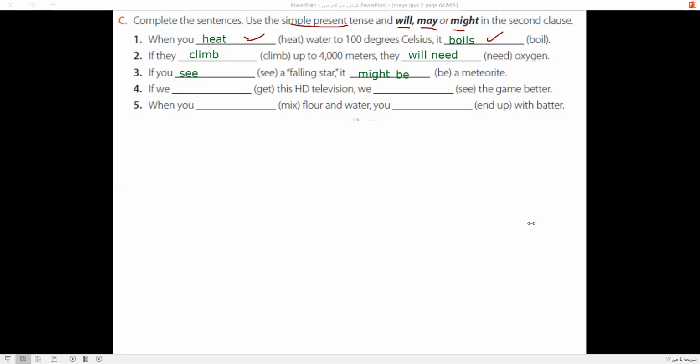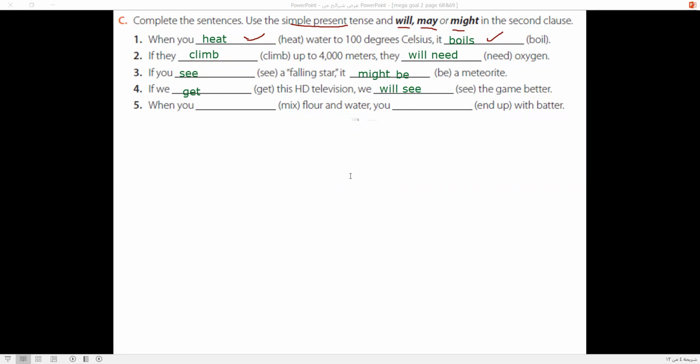Number 4. If we, Layan, if we get this HD television. If we get, as it is. Very good. We'll see. Say it again. We will see. Yes. Thank you. We will see the game better.